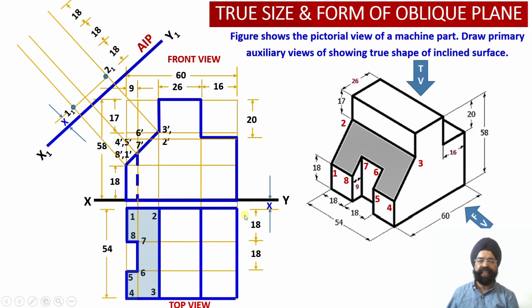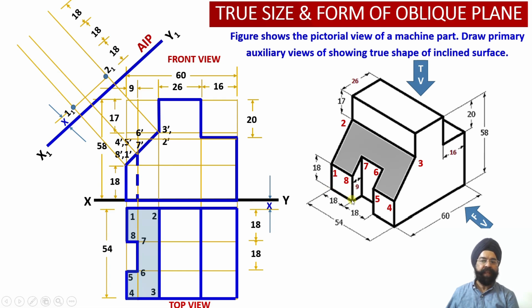Then we can see that this distance is equal to 18 millimeter beyond this distance x. Again, this distance is 18 millimeter beyond this distance. And finally, the total depth of the solid happens to be 54, so this distance is also equal to 18 millimeter. So we have divided the depth of the solid into 3 equal parts.